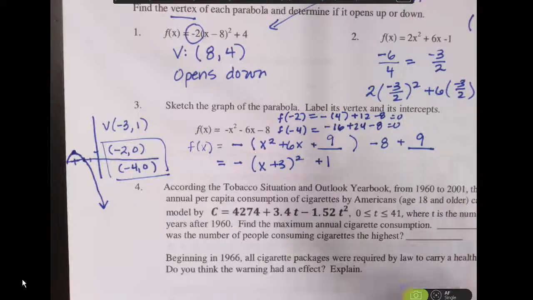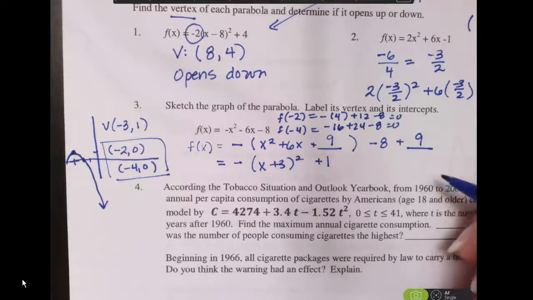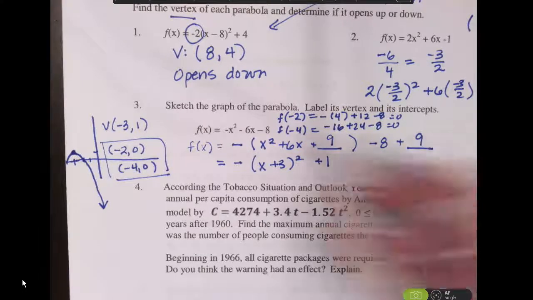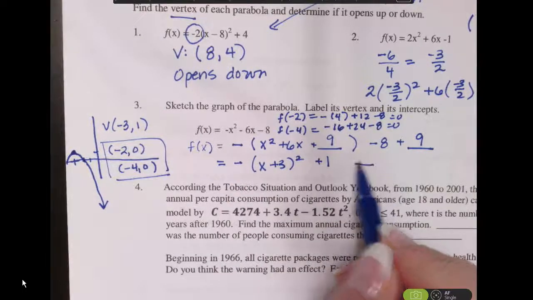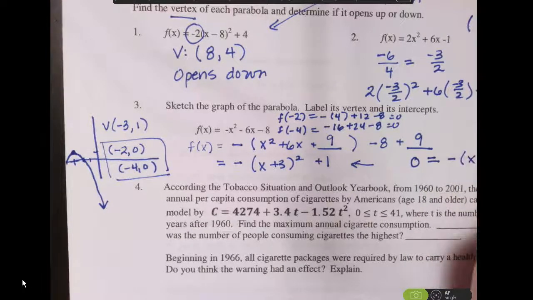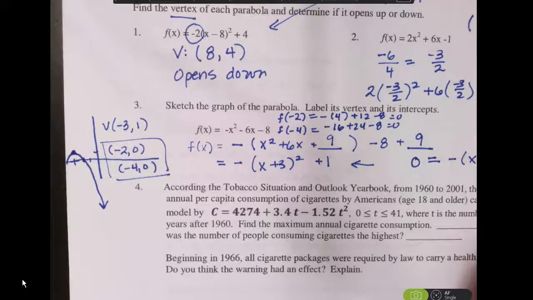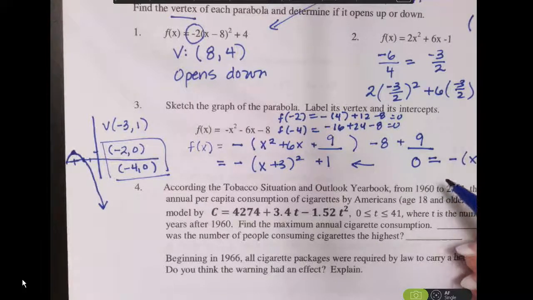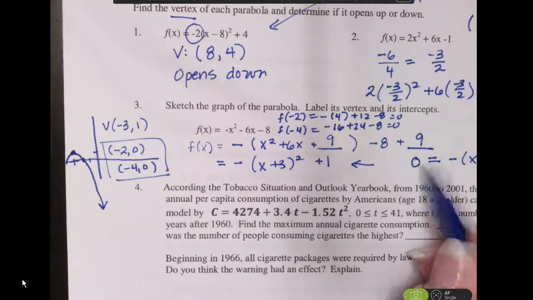Vertex and intercepts. And then as a y-intercept, I'm going to take this equation here and I'm going to say, when is this equation equal to 0? What value of x? Sorry, I don't want to plug that in for 0.